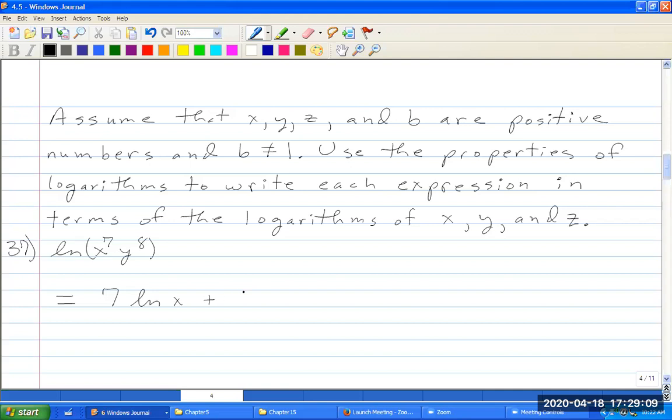I'll bring the 8 in front of the logarithm, and write the ln y. Notice that the exponent of y was 8, so I put that in front. Since I'm multiplying the x to the 7 and y to the 8, I add, and I bring the 7 out in front, which was an exponent of x. And that is your answer.